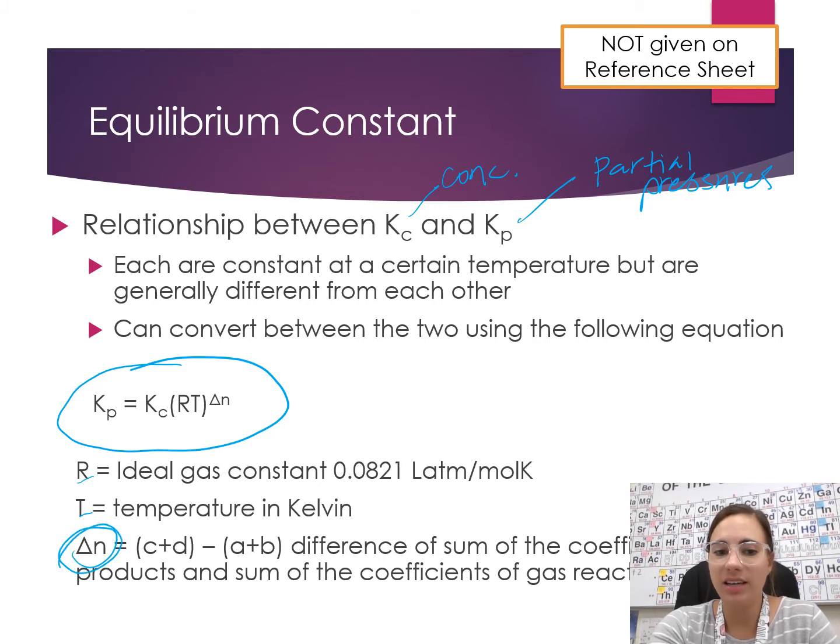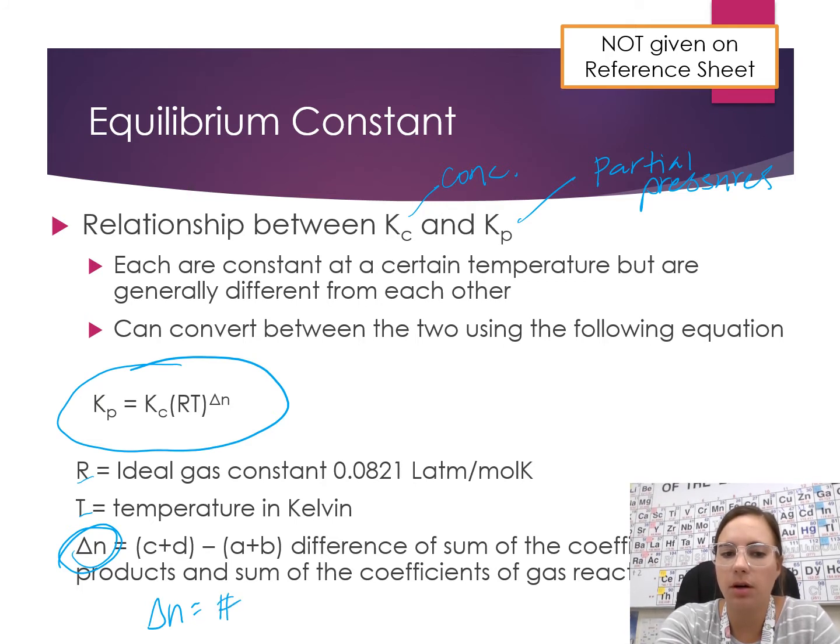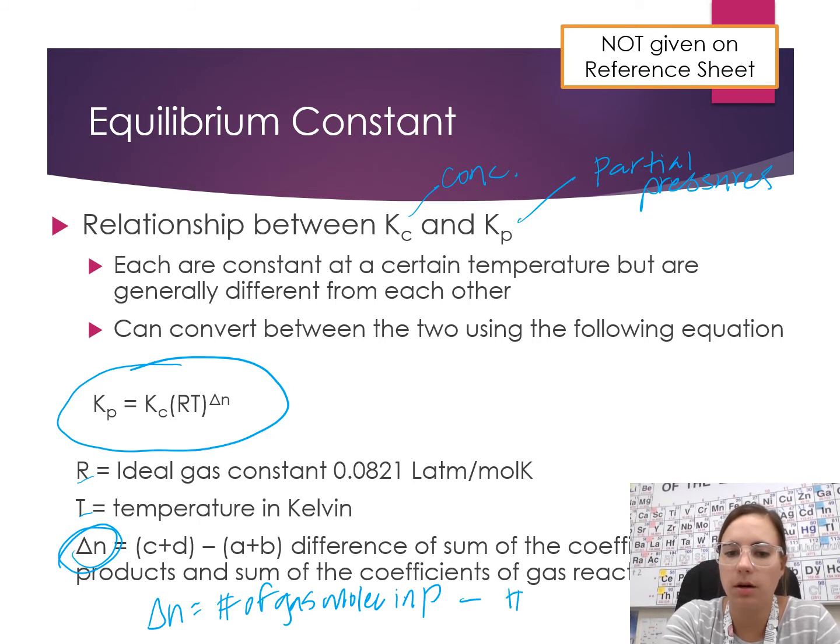Delta n is the difference in the sum of the coefficients of gas in the products minus the coefficients of gas in the reactants. An easier way to say this is delta n equals the number of gas molecules in the products minus the number of gas molecules in the reactants.